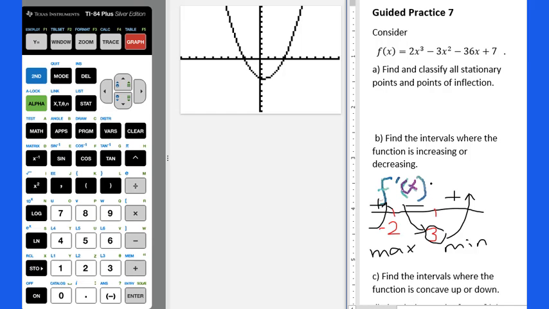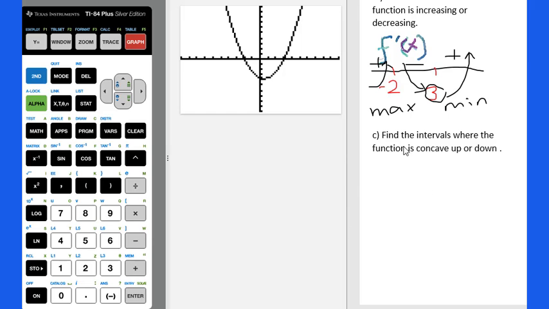So when you draw the sign diagram according to the graph, make sure that above the x-axis means positive, below the x-axis is negative. And for the first derivative, positive means increasing, negative means decreasing.